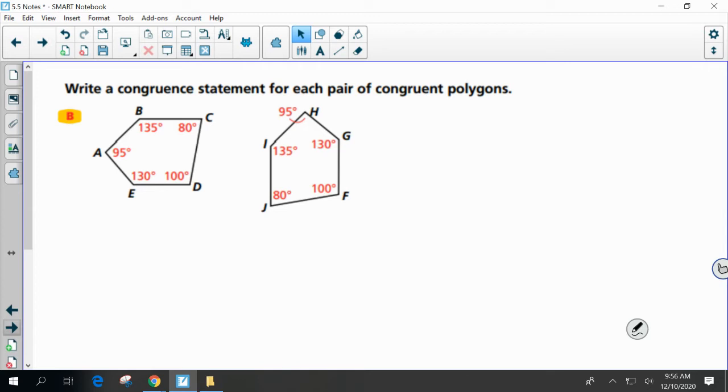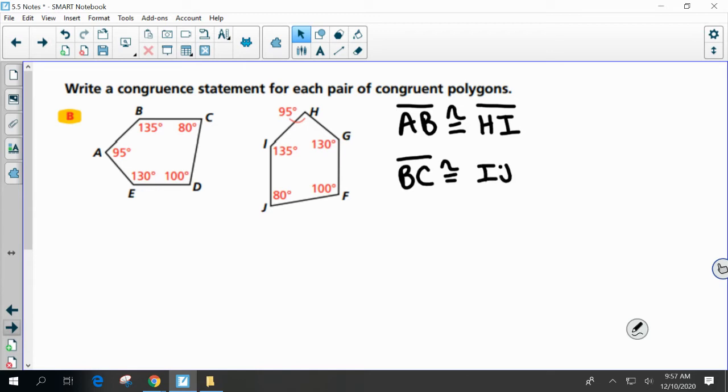I'm going to start with AB. So side AB is congruent. We're going to go from 95 degrees to 135. So it would be congruent to HI. Okay, and then we have side BC. So 135 degrees to 80. That would be IJ.